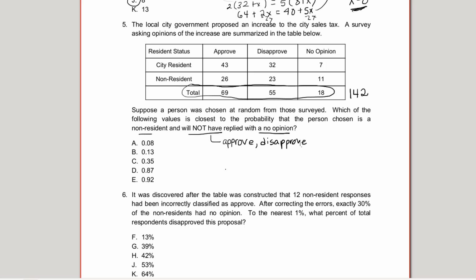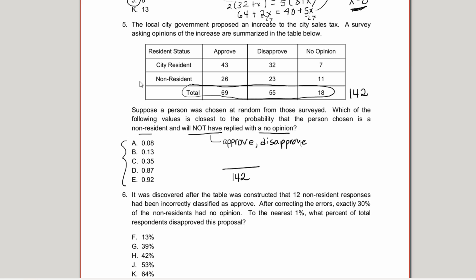That's going to be our denominator in our fraction. When we look at our answer choices, they are in decimal form, so we can use our calculator. Now we have to think about the numerator, which is represented by the non-residents that did not say no opinion, so the non-residents of approve and disapprove.